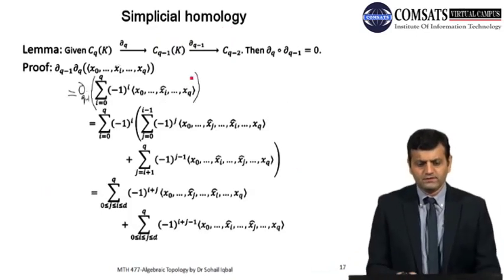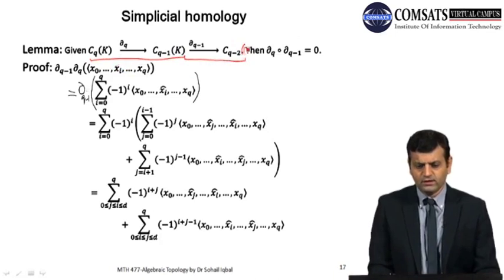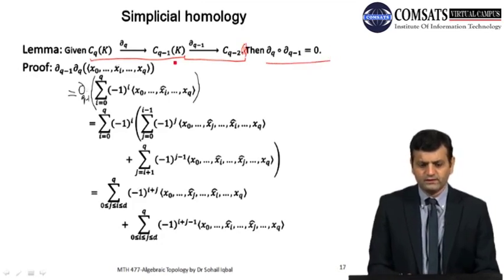Our next result says that if I have a boundary map from C_q(K) to C_{q-1}(K) and another boundary map from C_{q-1}(K) to C_{q-2}(K), then their composition is 0. So how to show that? The proof is relatively simple.